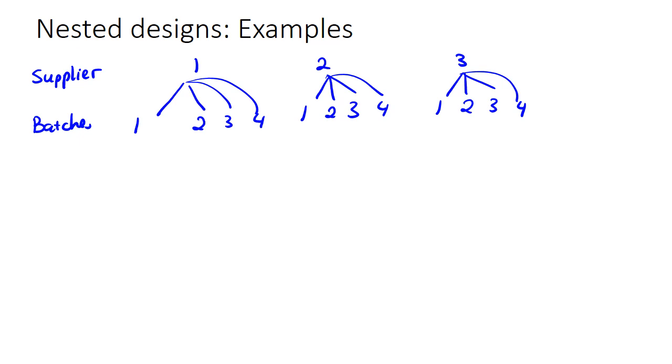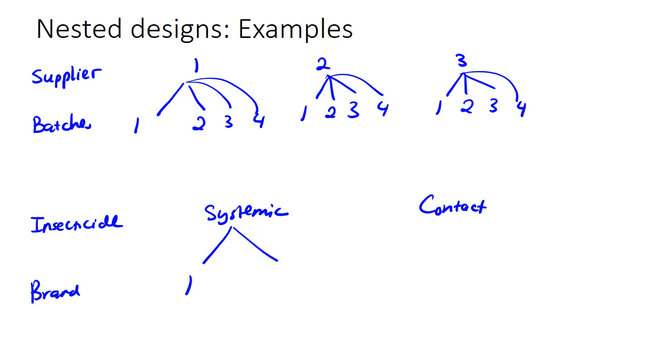An experiment was conducted to test 2 types of insecticide: systemic and contact. This experiment tested 2 brands of systemic and 3 brands of contact insecticide.